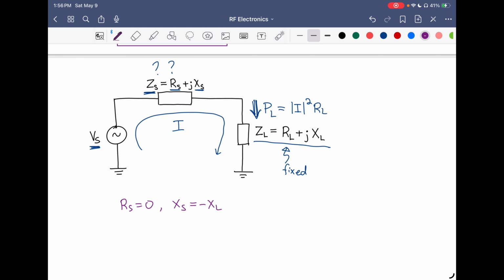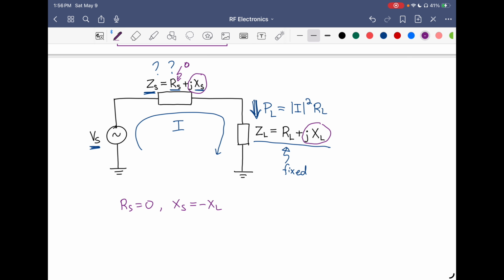So basically, the source reactance would cancel out with this load reactance, and we would set this to 0 so that there is no internal source resistance wasting voltage.